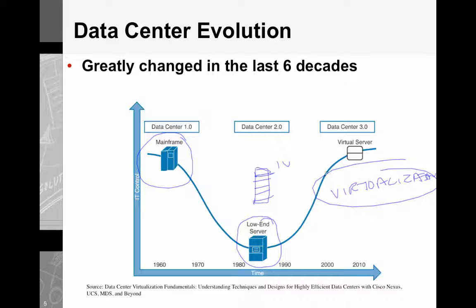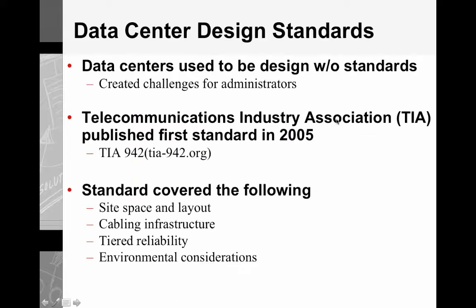So we started moving towards what is called the virtualization of data centers, which is the foundation for cloud computing. We'll talk more about virtualization in the next section, but for now, let's understand how the data center has evolved, starting from the 60s as mainframe servers to commodity servers to virtualized servers at this particular point.